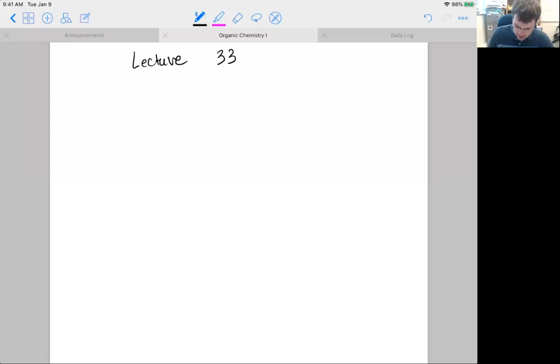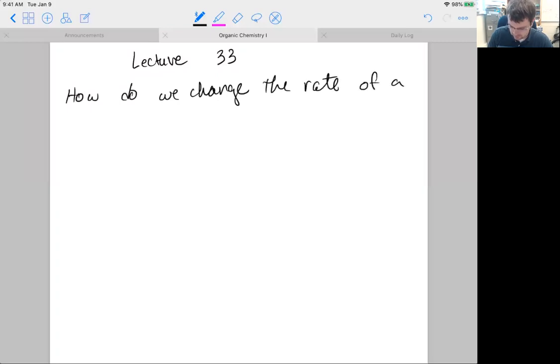we're really continuing to ask the question of how do we change the rate of a reaction. Okay, that's a really important question. And so we've looked at temperature.